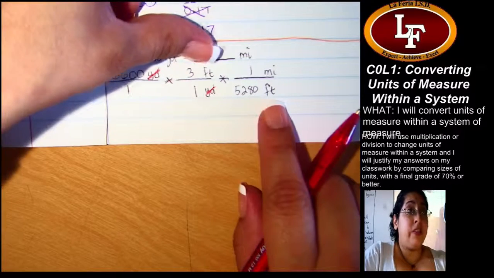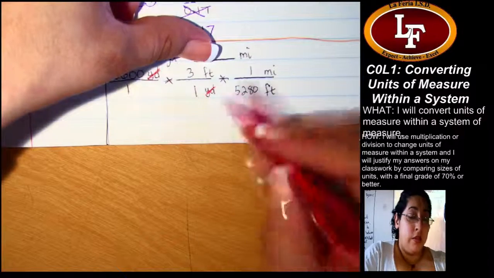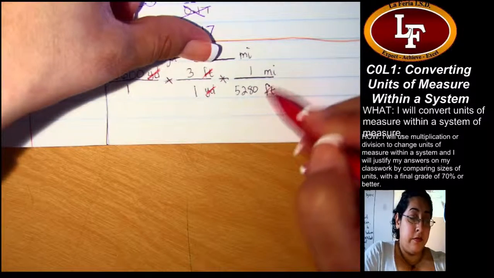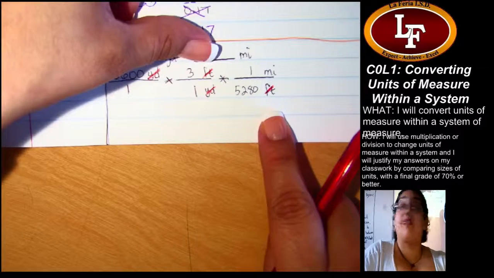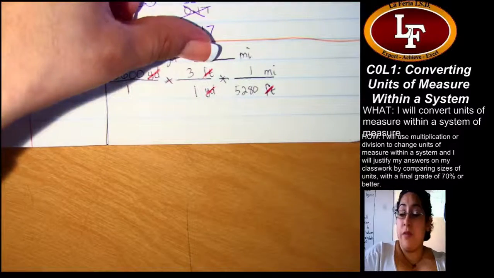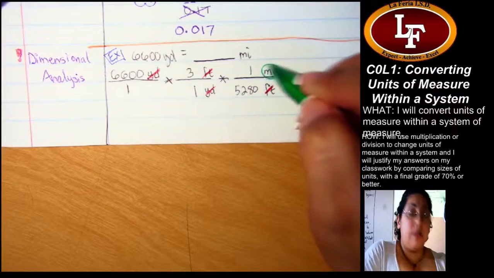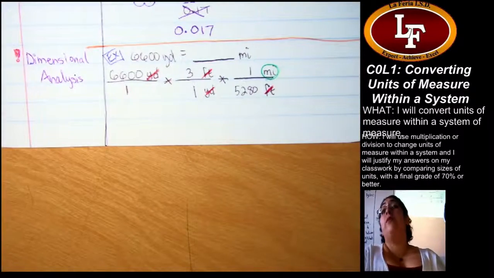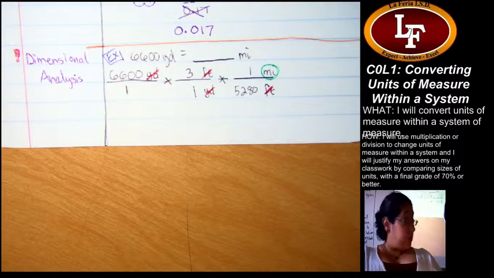Do you see feet? One on the top, one on the bottom. Goodbye, feet. And what are we left with? Miles, which is what we were looking for. So our dimensional analysis is correct.